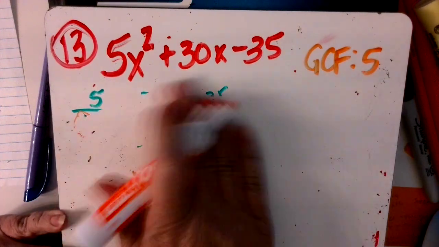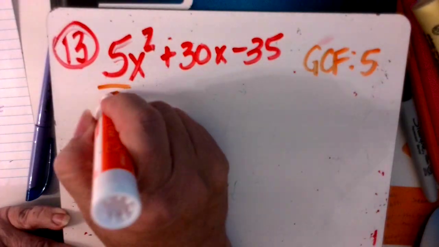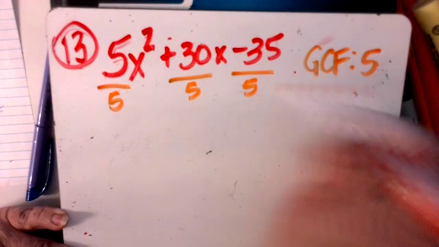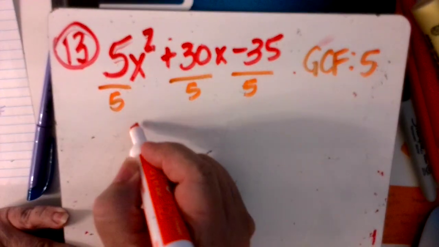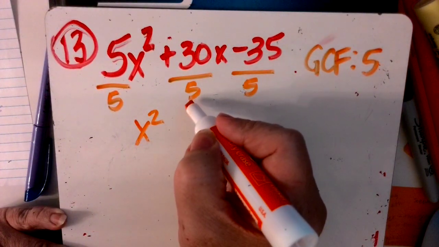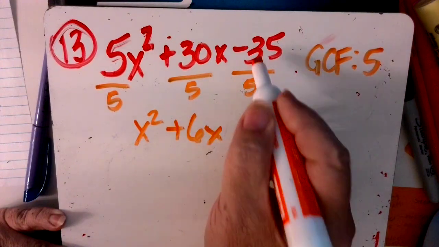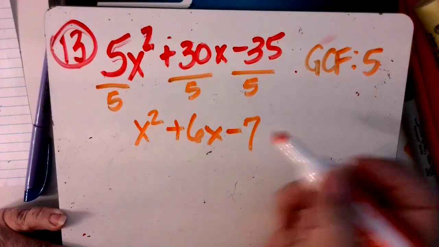So now what we do, as we did before, is divide each term by 5. 5 divided by 5 is 1, so we're left with x squared. 30x divided by 5 is 6x. And then negative 35 divided by 5 is negative 7.